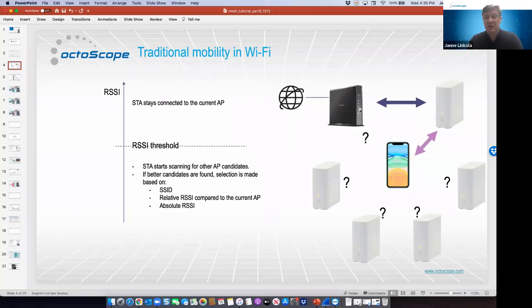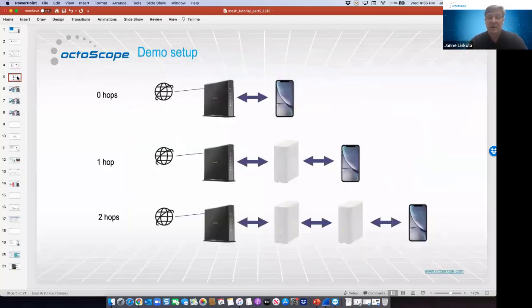We need to involve more complicated decision making, and there is this activity that we call steering, where the network itself can impact the roaming decisions because of the big difference that the number of hops between you and the internet causes. Now, how big are these impacts exactly is what our first demo is going to be about.